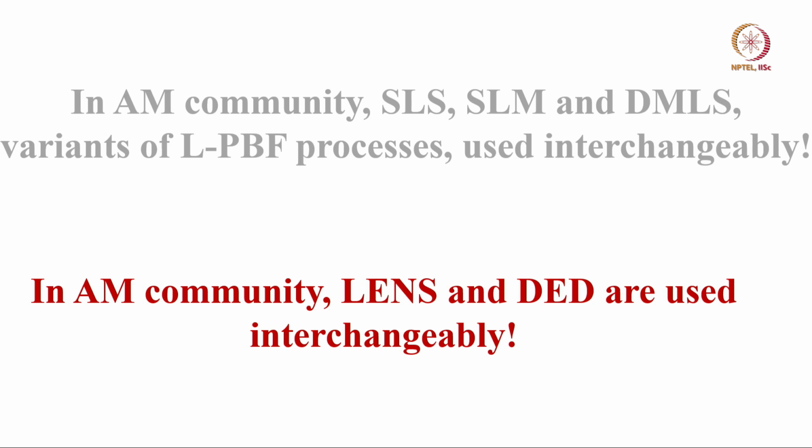It means they mean the same thing, but they are often used under different names by different researchers. So, I will come back and continue on the overview of the additive manufacturing processes in the next class. Thank you.